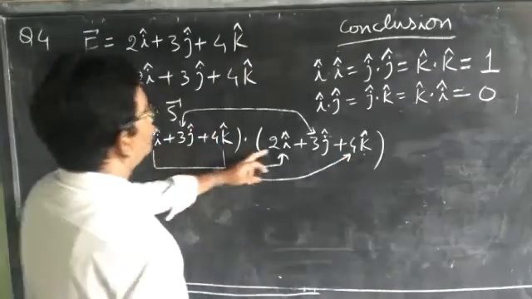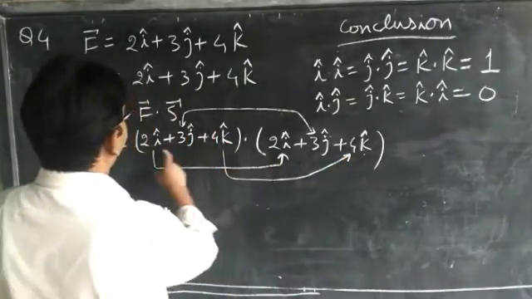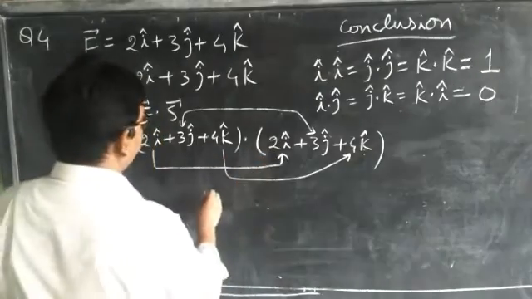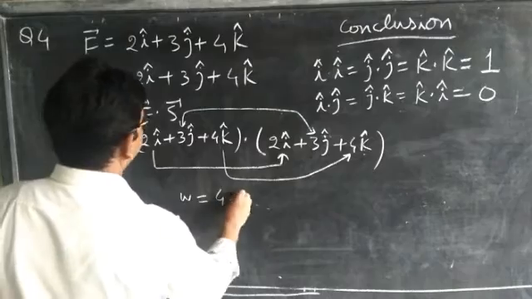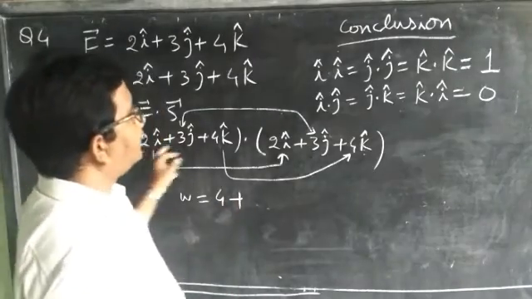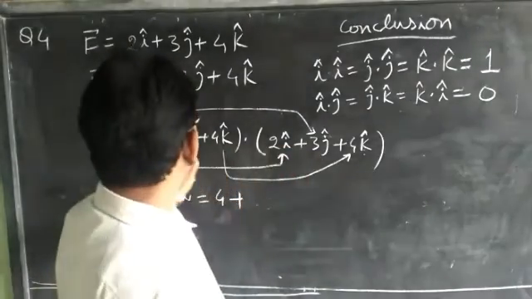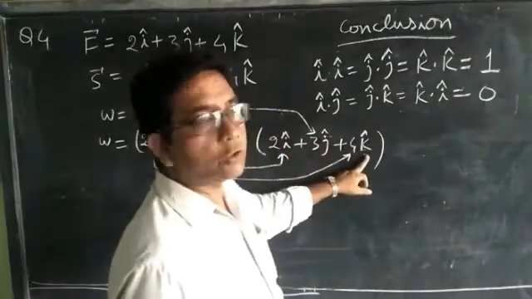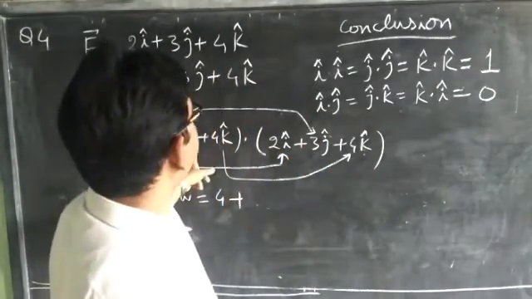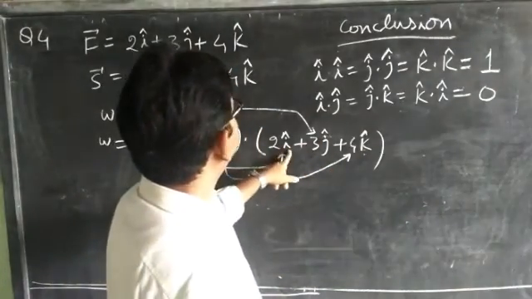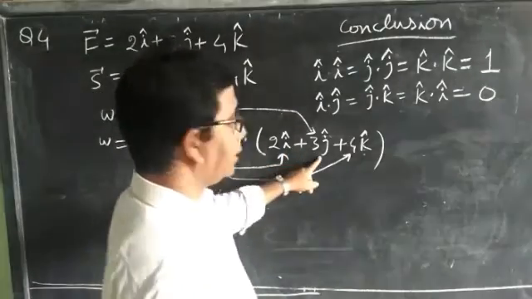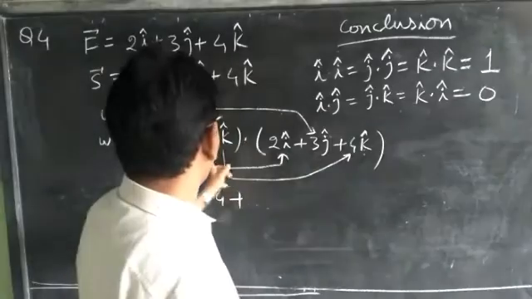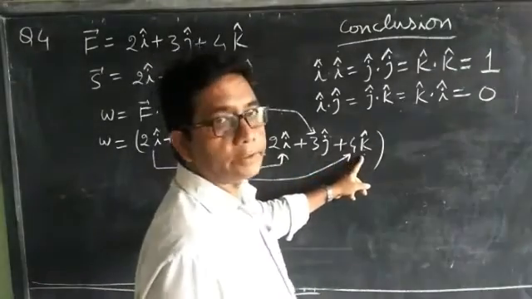Therefore, 2I dot 2I gives 4, since I dot I is equal to 1. Then W is equal to 4 plus, when we multiply I dot J, that is 0. I dot K is 0. J dot I is 0. J dot J gives the result 1, but J dot K is 0.